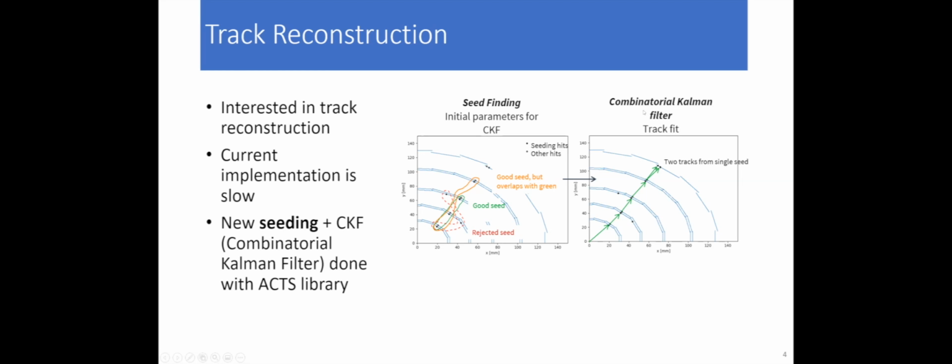I'm going to talk a little bit about the Kalman filter. I didn't focus much on this, but it's a part of the track reconstruction. The idea is you propagate the seed from layer to layer, looking for hits that are on that path. You just propagate that all the way out to the last sensor.